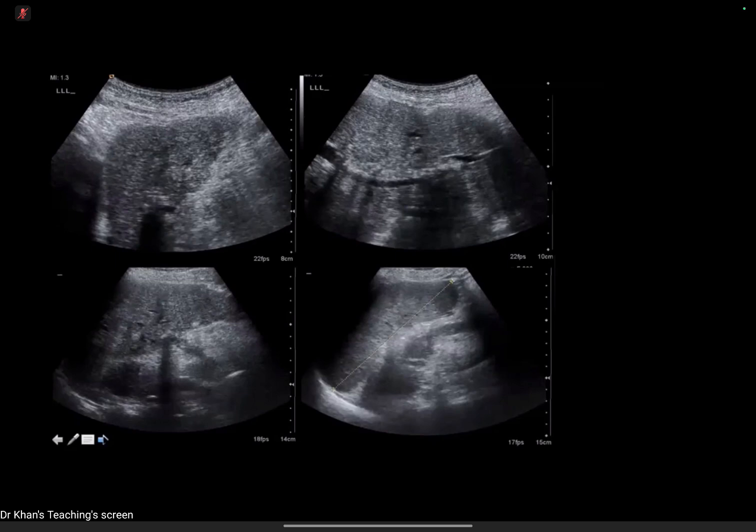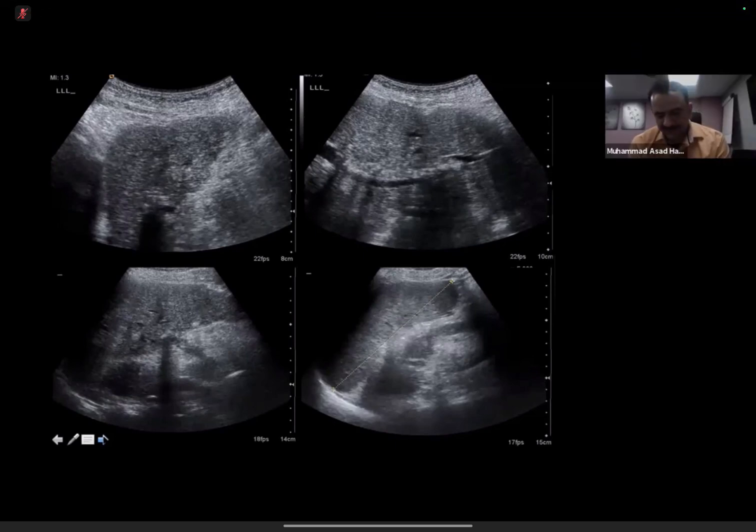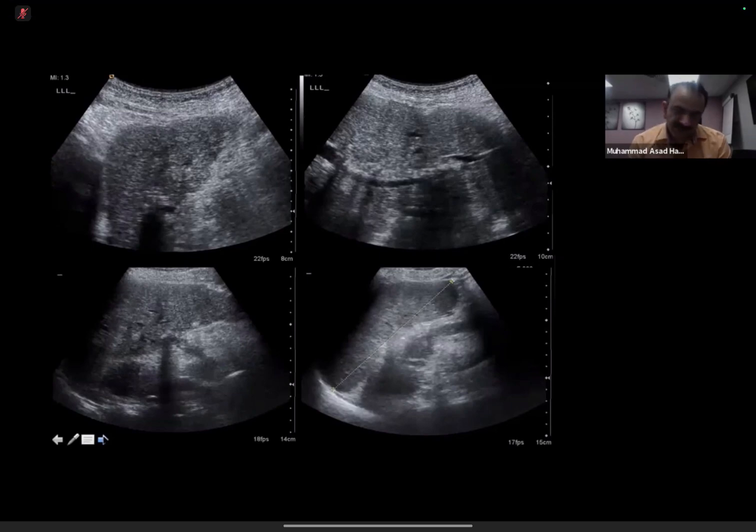So a good history would really help. On ultrasound scan I cannot see anything to suggest a cause. The only thing we can see is an element of portal hypertension secondary to liver cirrhosis.